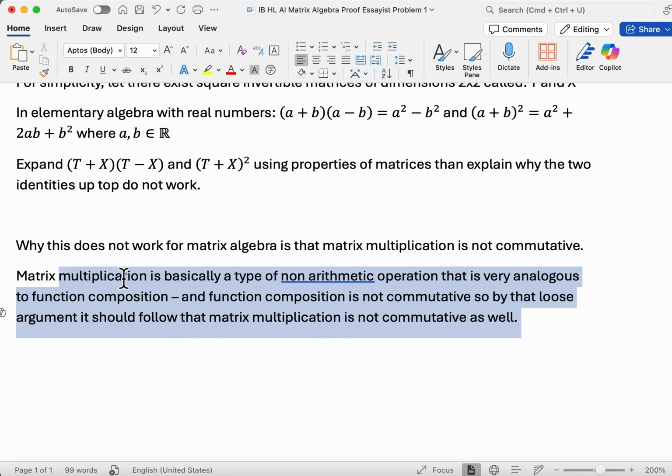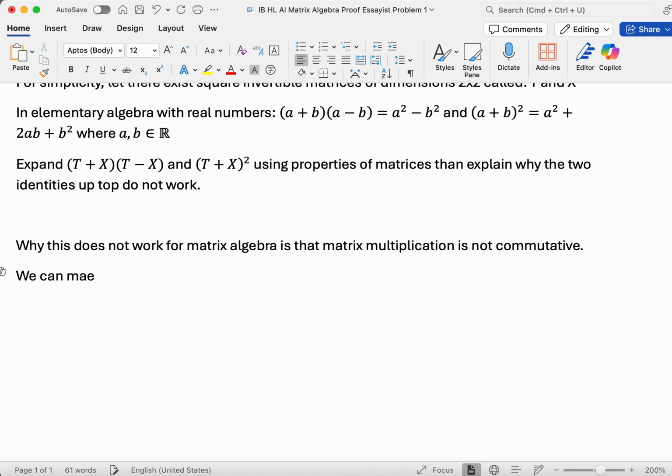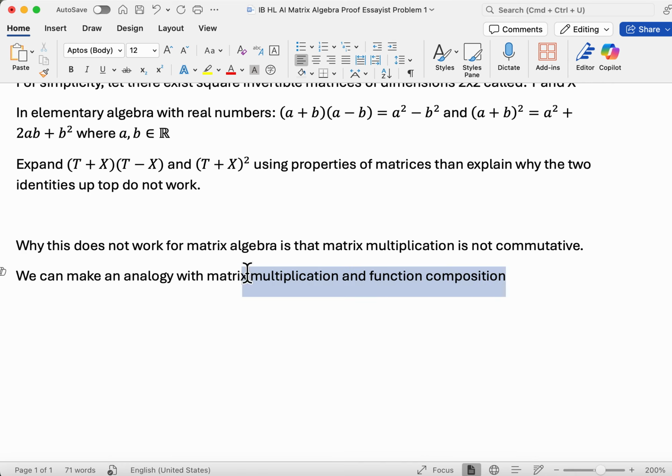So yeah, let me put it this way. We can make an analogy with matrix multiplication and function composition. Let me bullet point these just for clarity.